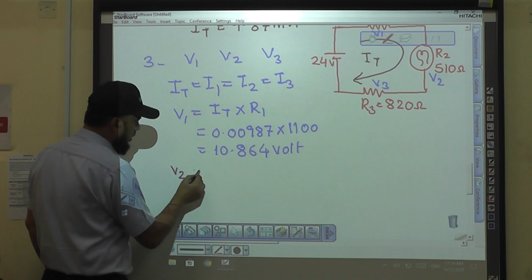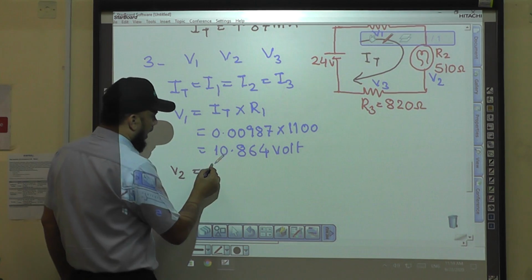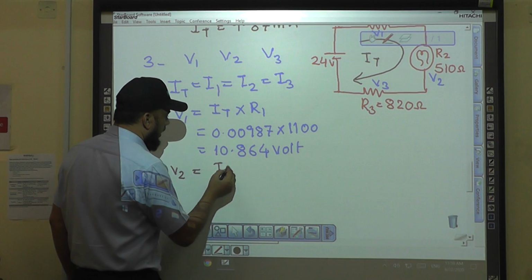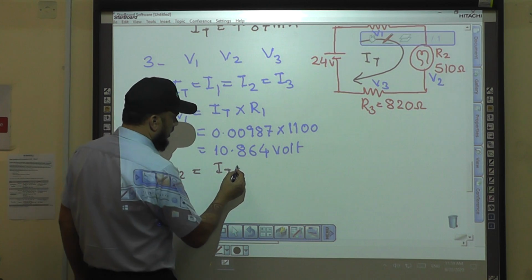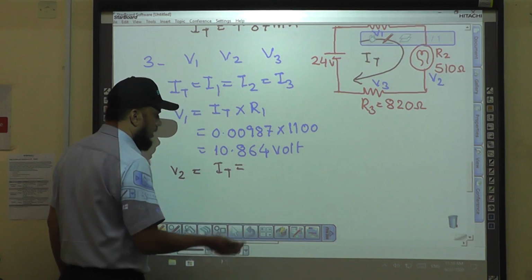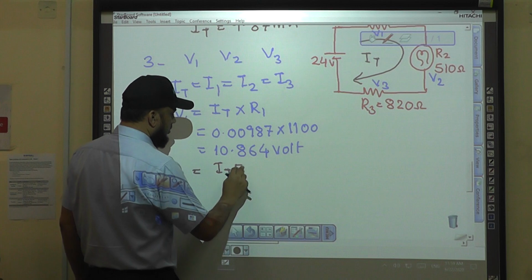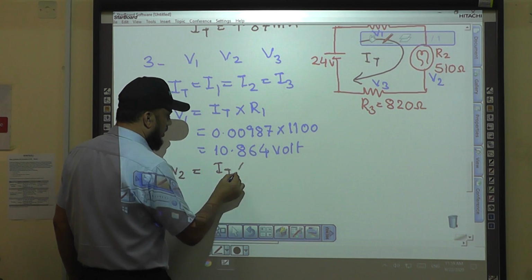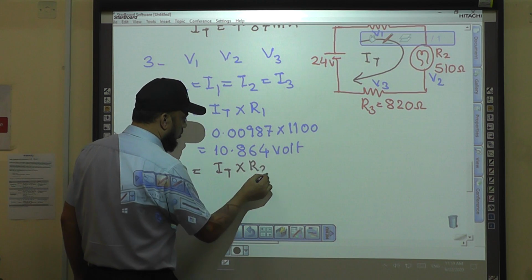Now we will calculate V2. V2 equals I total again. Why I total? Because the currents through all the resistances are the same. I total times R2.